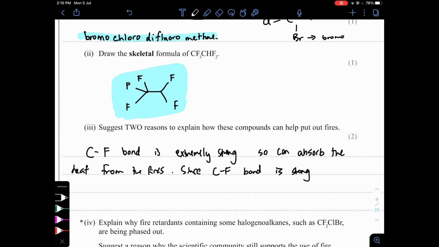It makes the molecule unreactive. And a better word to use for that would be inert. Okay, so the 2 points are that it can absorb the heat from the fire because it's extremely strong, and because it's extremely strong, it does not react.